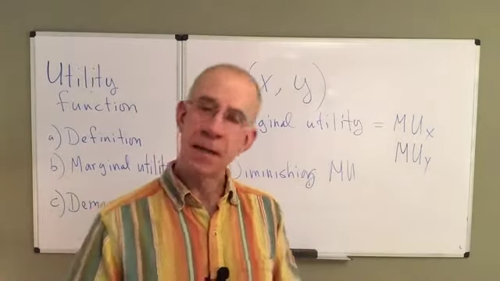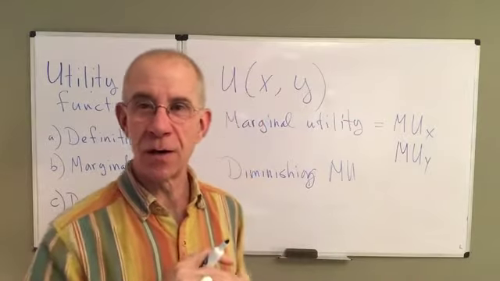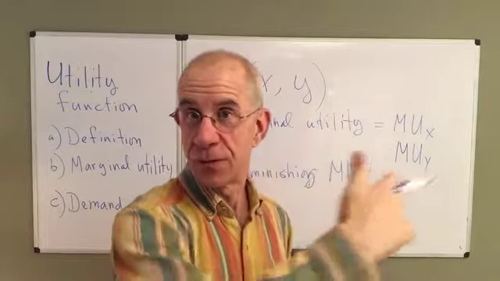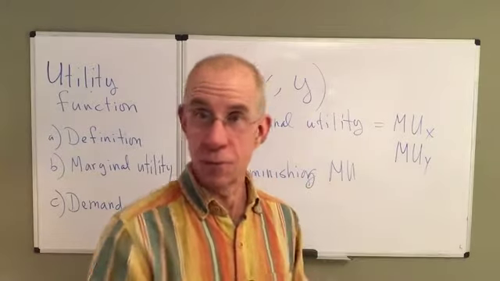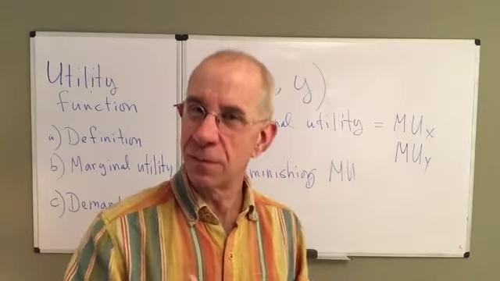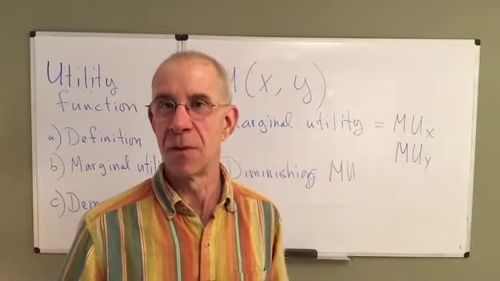Now, let me say up front that there are some instances where you get more and more benefits for the first few units of something that you buy. It just gets better and better and better. But at some point, there's going to be diminishing happiness from getting more of a good.